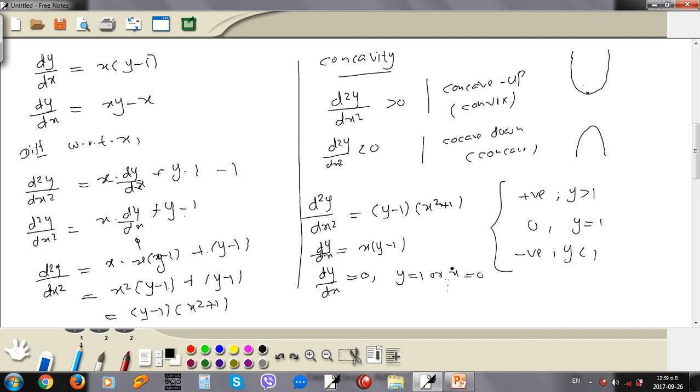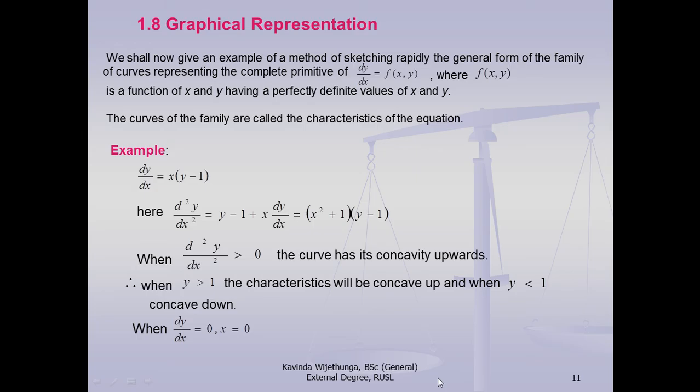It means there are turning points. The turning points of this family of curves lie along x equals 0.